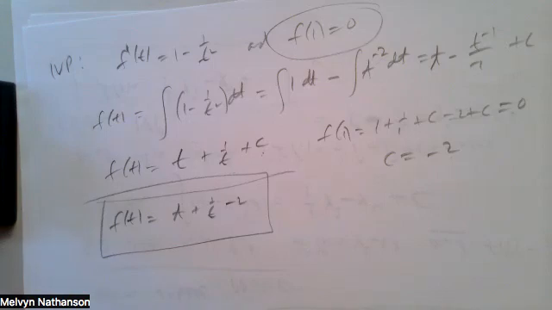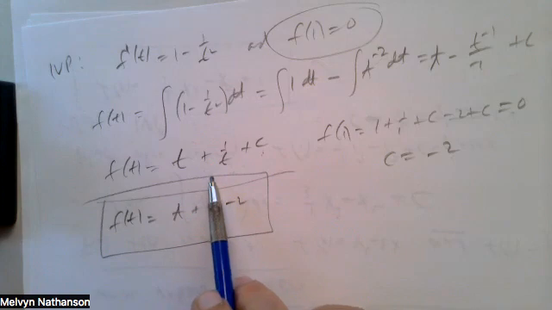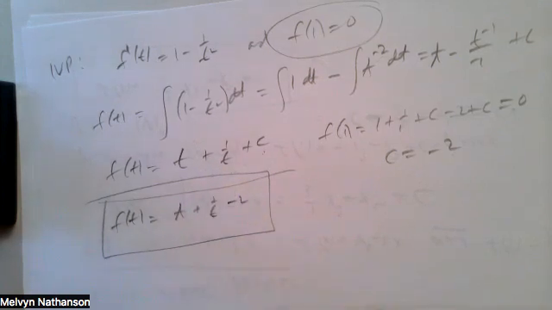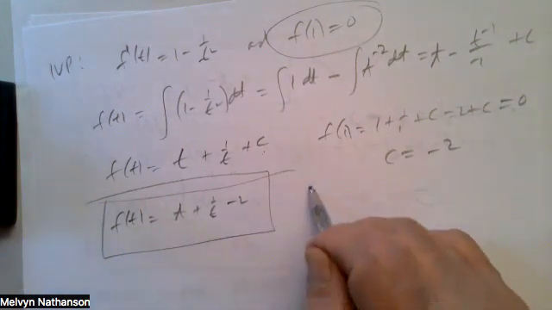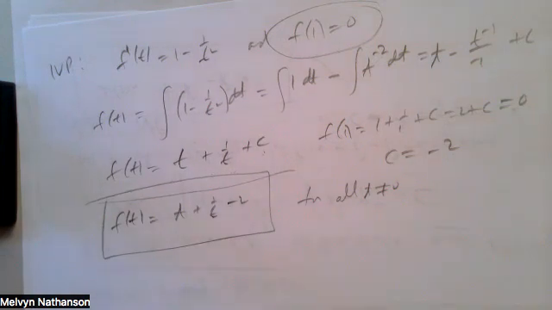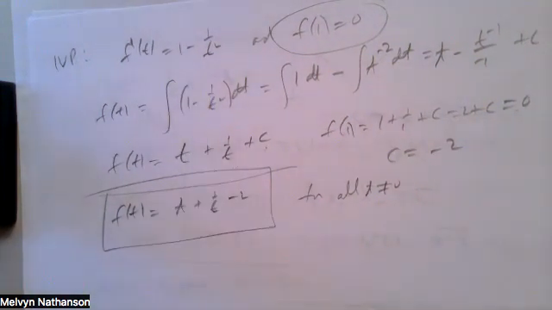You should notice that this is defined for any number t except 0. So this is the solution for all t not equal to 0, and it isn't defined at t equals 0 to begin with.